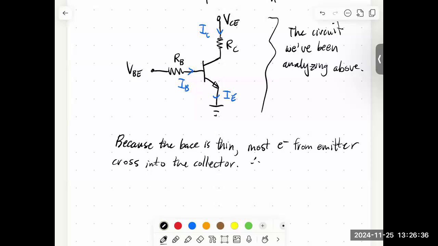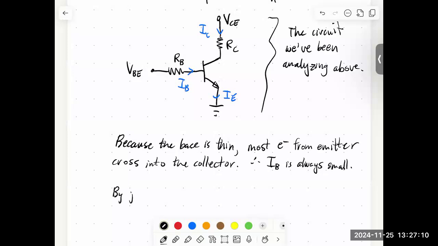That means there's not many of them leaving through the base. What that implies is that these two currents are approximately equal to each other, and the base current is very small. So I base is always small. It might be typically in the microamp range, whereas the collector emitter currents could be tens of milliamps, something like that.